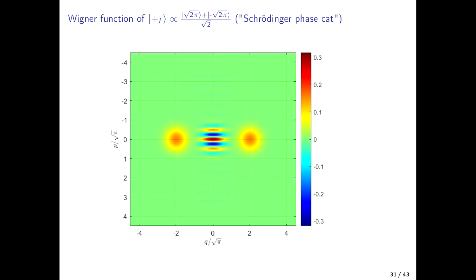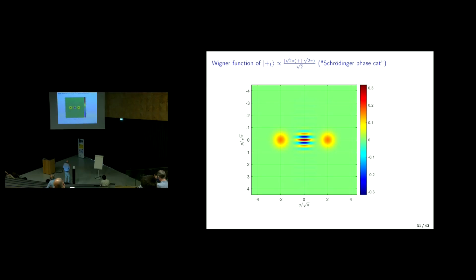But if you take, instead of this, the coherent superposition, it is this state plus minus, over square root of 2, this state. You have to understand this, it is very important.